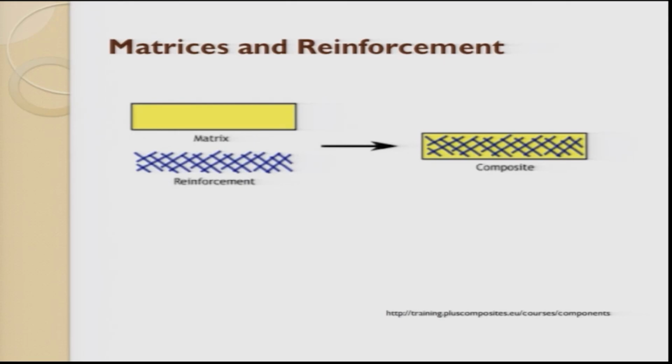So what can be the function of a matrix? The first thing is it helps in holding the reinforcement. Second, it helps in protecting the reinforcement. The third thing is it helps in distributing the load on the reinforcement. The last thing is, if you want to selectively make the reinforcement take the load, the matrix can do that also.